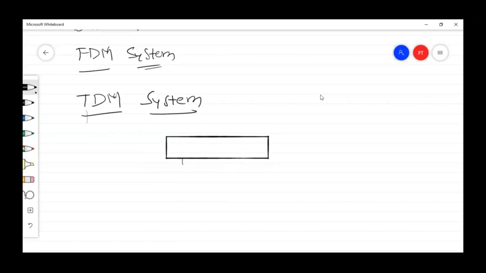So we divide given frame time into number of smaller time slots.